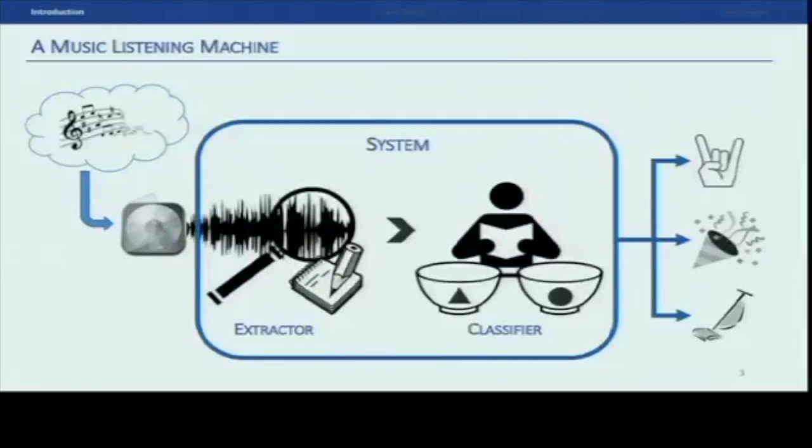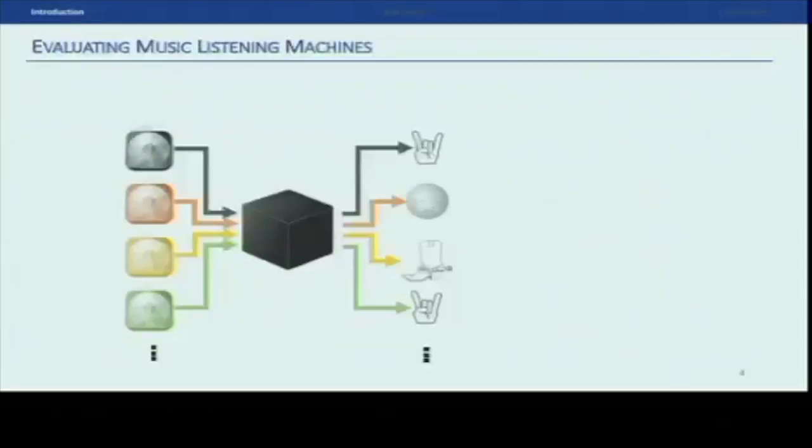In order to know that these annotations, that these descriptions are useful for us, we need to judge them somehow. And the usual approach for evaluating those systems is seeing them as a black box, feeding them with a lot of examples, and asking the system to provide some descriptions, some annotations, some predictions.